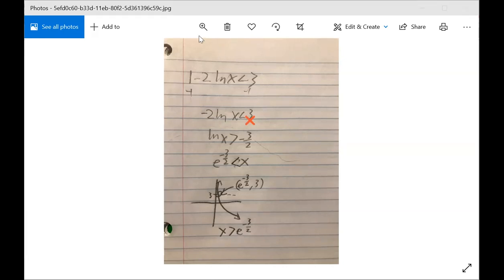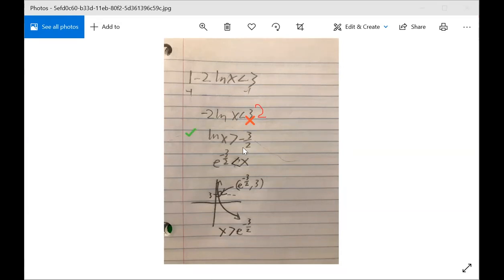That's not a terribly big mistake, just a minor mistake. So that's going to be 2. And then he divided both sides by -2, and then he switched the direction of the inequality sign. That's very, very good. Very good step.